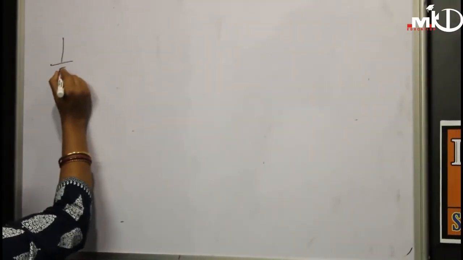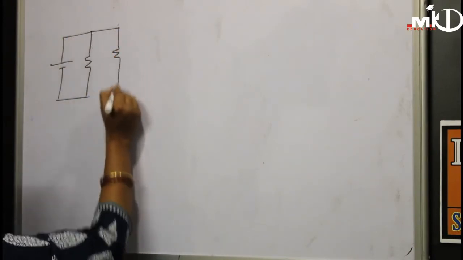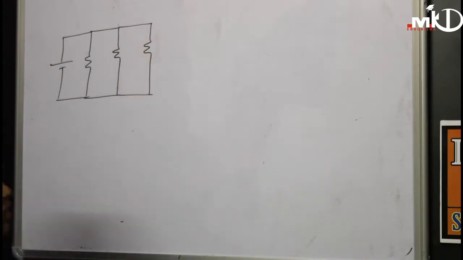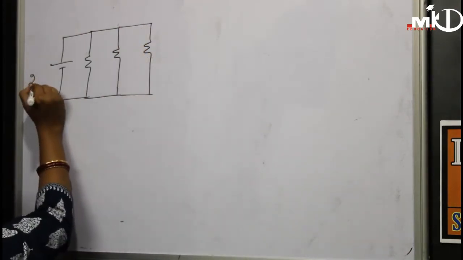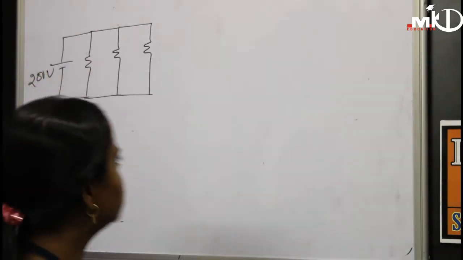I am drawing the circuit diagram here. And the values are 200 volt, 20, 10, 100.